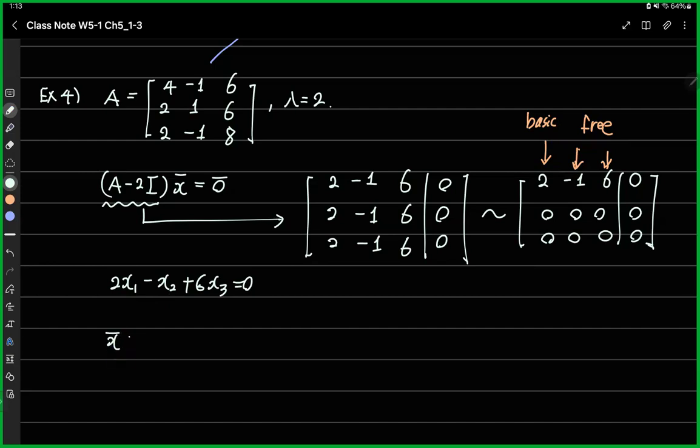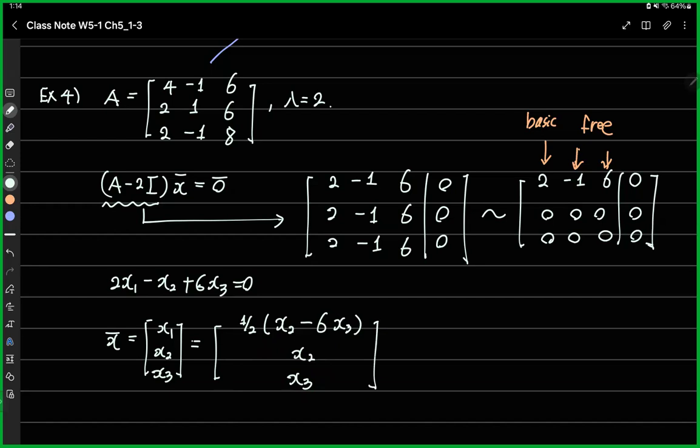The eigenvector x, with entries x1, x2, x3, is going to be: x1 is 1/2 of x2 minus 6 times x3, and then here x2 and x3.